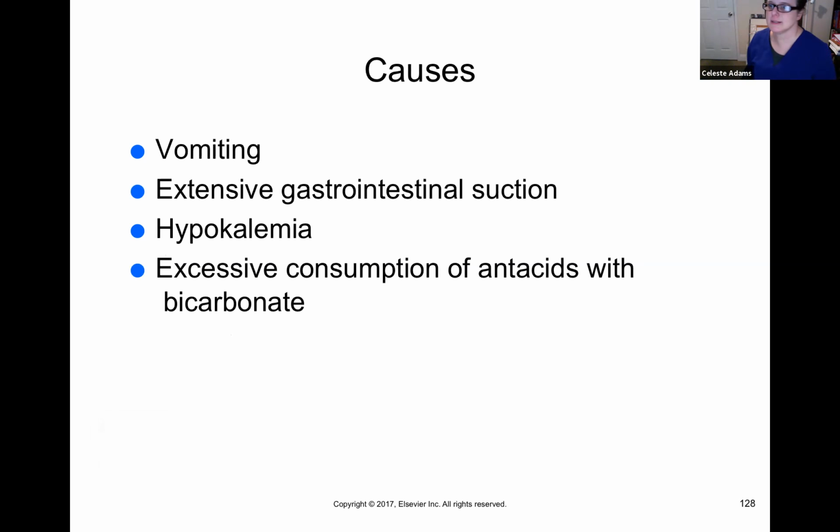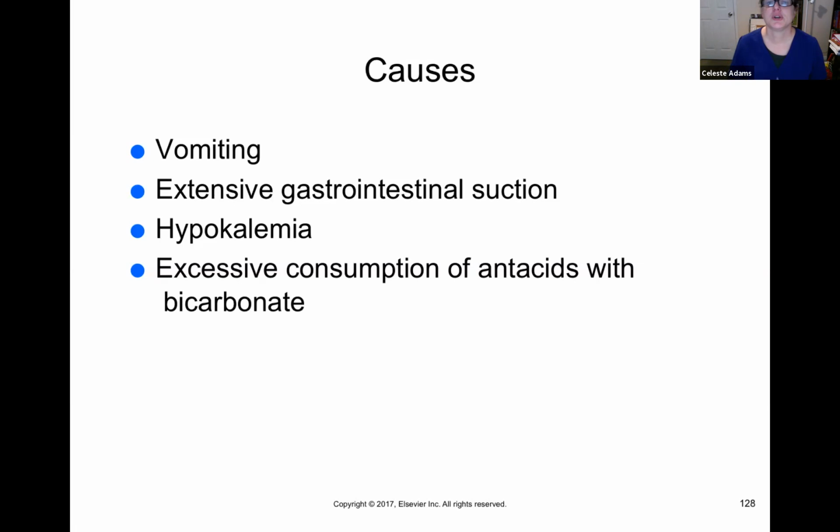Next, some causes are going to be vomiting. Now I know I said before, sometimes you lose bicarbonate when you vomit. But depending on the functioning of your kidneys, they can sometimes overfunction and produce more bicarbonate when you vomit.